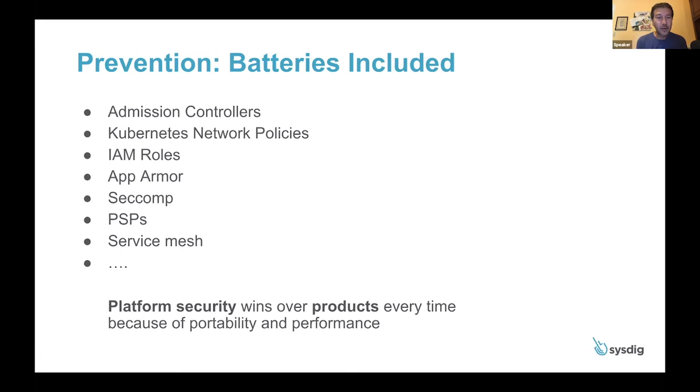Traditional vendors tend to come to new generations of infrastructures with the mindset of, okay, let's recycle what we had before and let's try to apply it to the new world. Typically, that doesn't work.